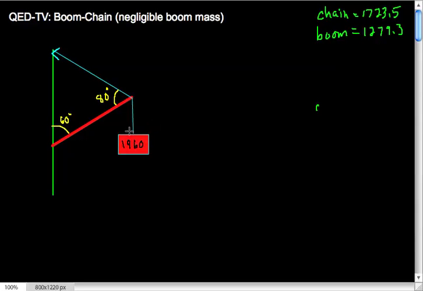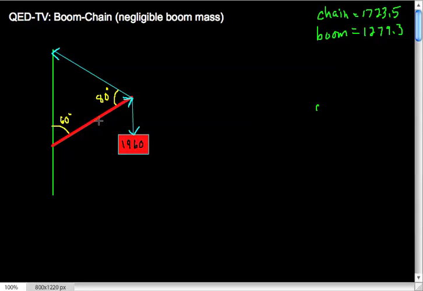There's a weight pulling down here with a certain force. And because this boom has negligible mass, there's no forces coming off of the middle of this boom, we can say that this boom is pushing up here, thrusting up this way with a certain force right along the boom.